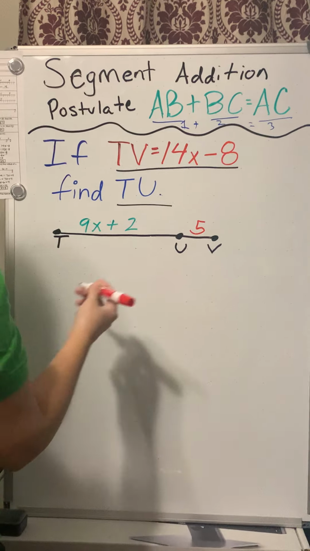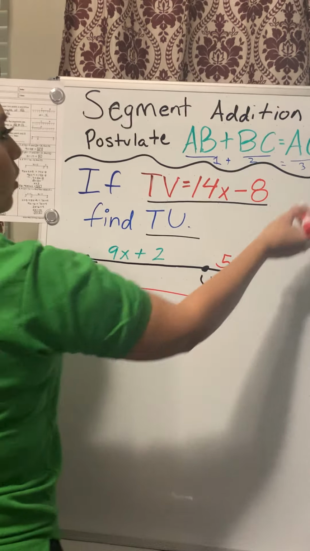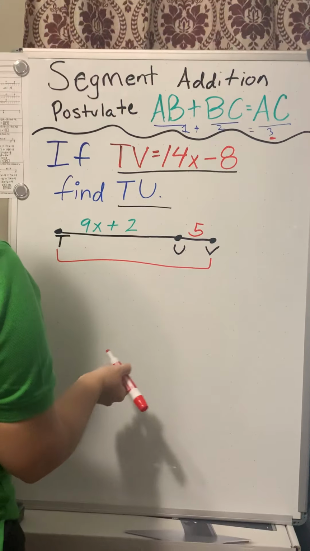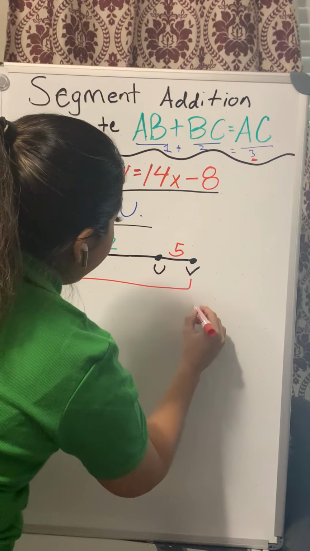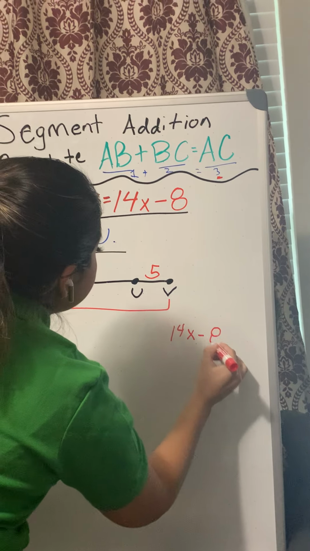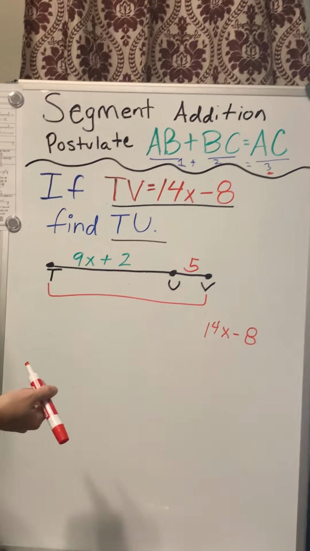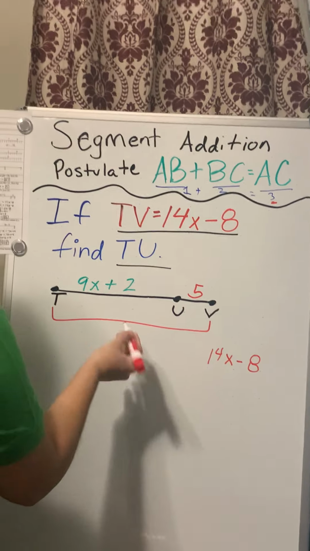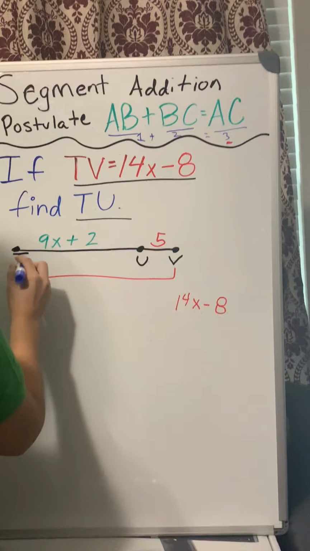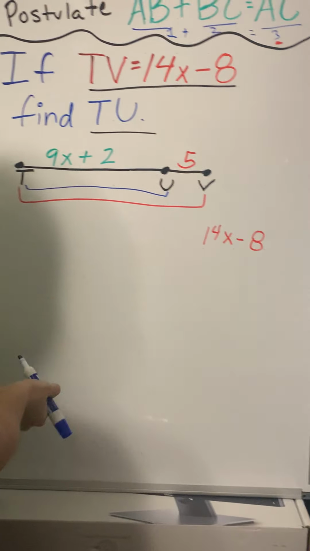It's already given to us that TV, which is our part 3, our total, is 14x minus 8. And they're asking us to find part 1, which is point T to point U.